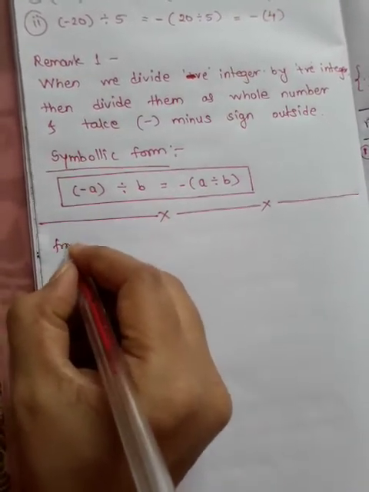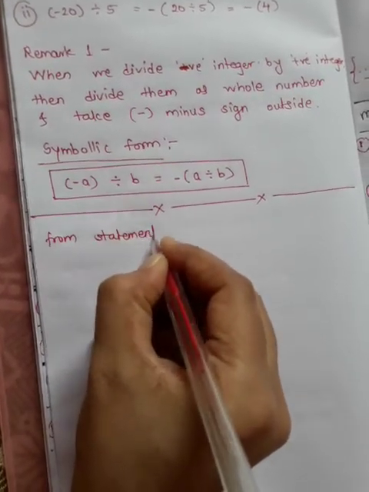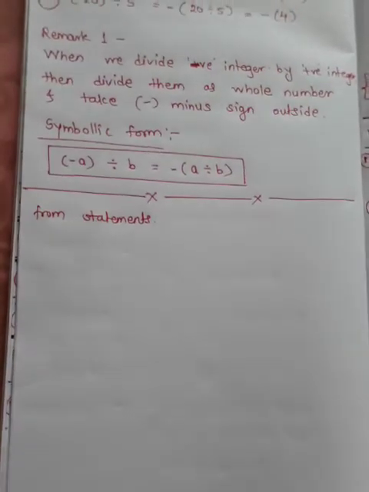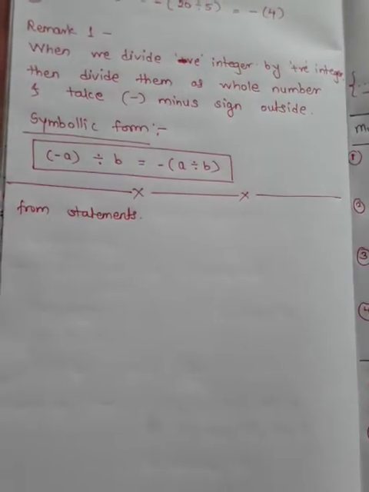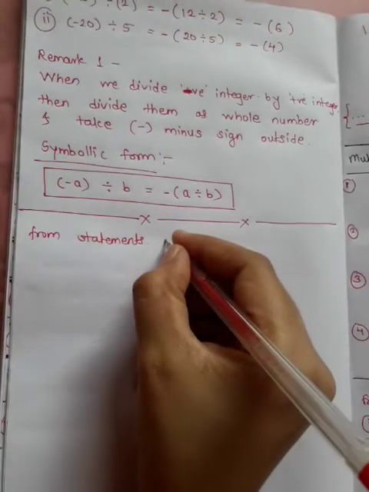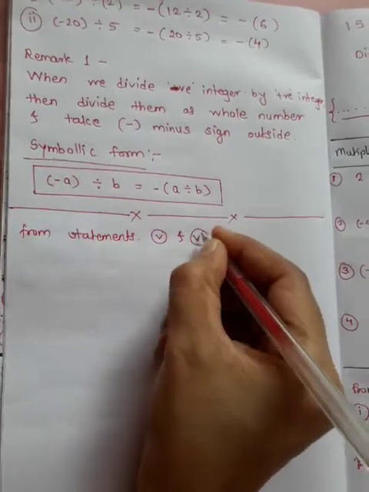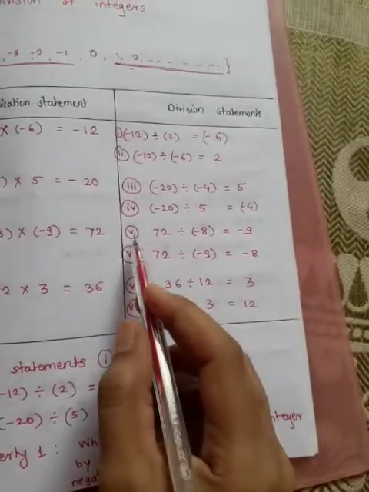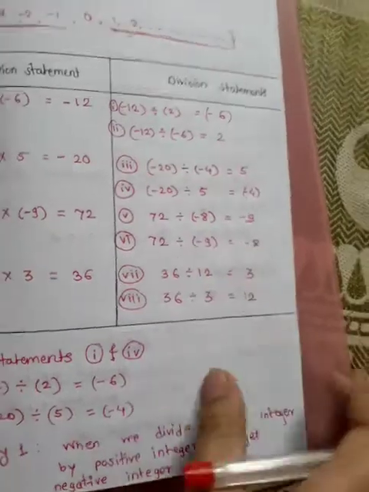So now take statements 5 and 6. You have the table before you. What are statements 5 and 6? 72 upon minus 8 is minus 9.